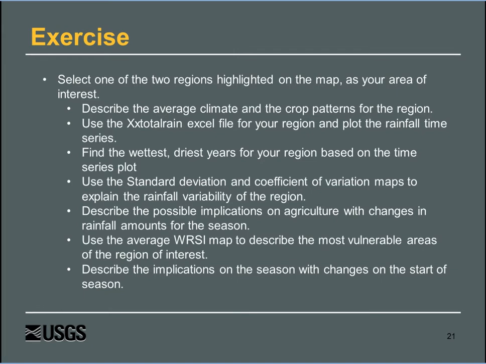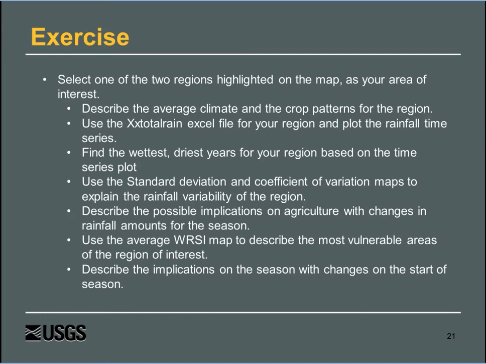So then the exercise is we're going to have two regions from different areas, and the students are going to select one of the two regions as the region of interest, and we're going to ask them to describe the average climate.